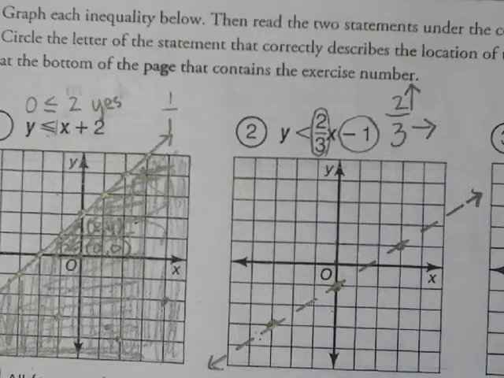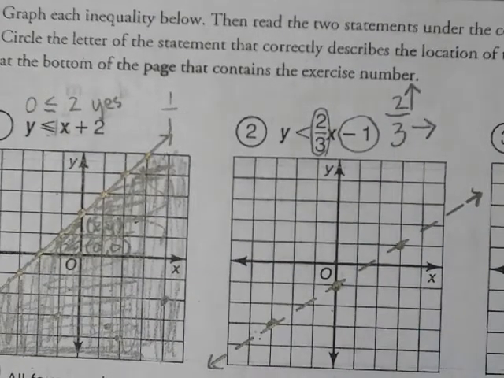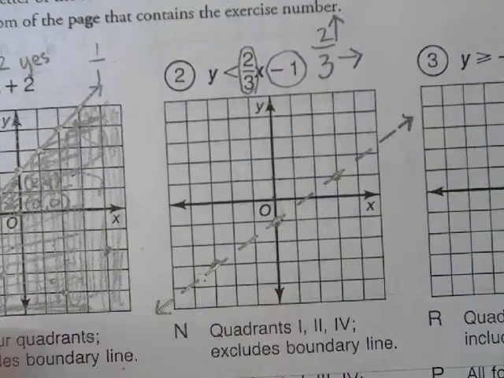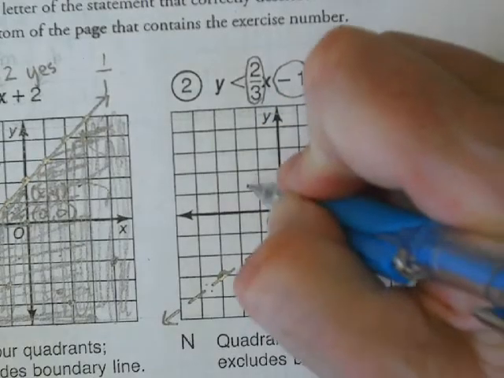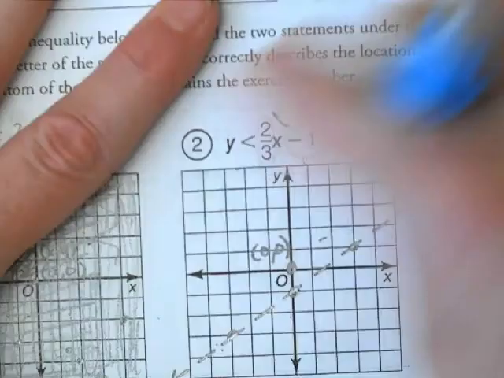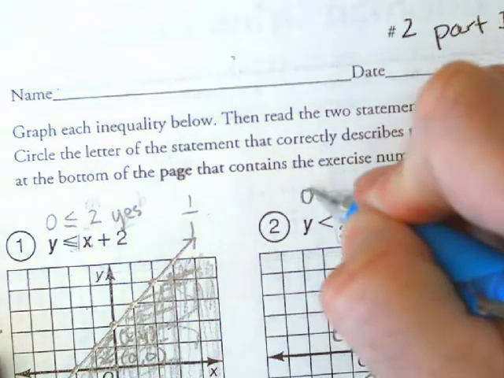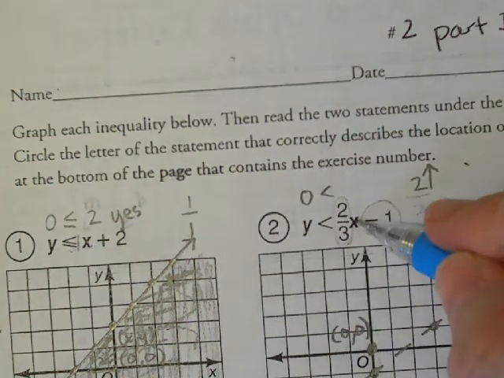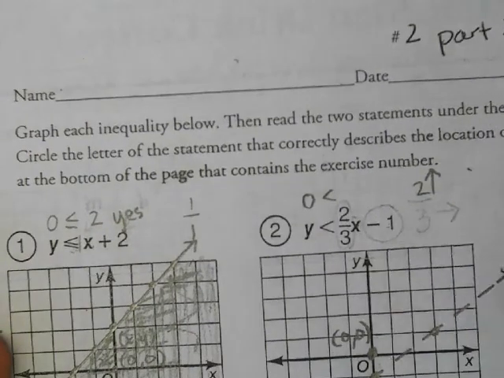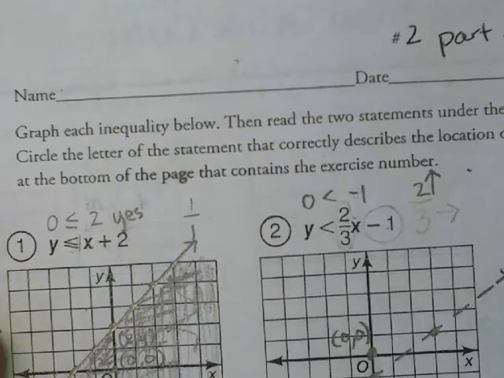All right, now I've got to figure out where to shade. Are all of the solutions on the top of this line, or are all of the solutions on the bottom of the line? So again, I'm going to check my test point, 0, 0. Let's plug in 0, 0. So 0 for y. Well, 2/3 times 0 is 0. 0 minus 1 is -1.